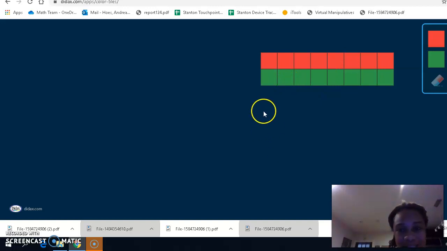So we're going to go ahead and put our number sentence for this. If we wanted to write a repeated addition number sentence, we can either think about it in columns, or we can think about it using rows. So we're going to do it in columns. So we have 1 column, 2 columns, 3 columns, 4 columns, 5 columns, 6 columns, 7 columns, 8 columns.